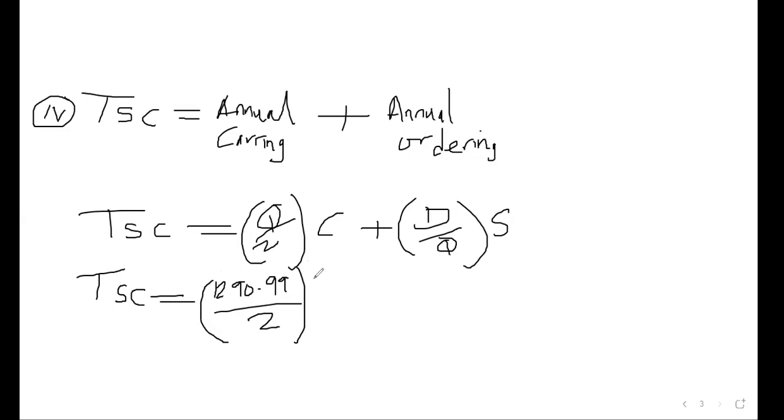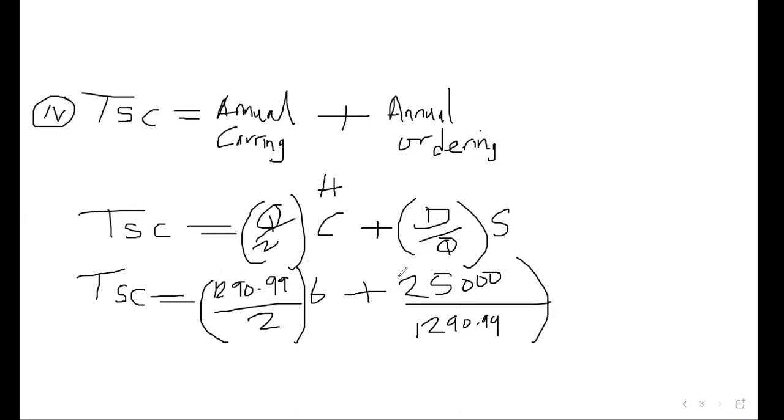Then by our C, which is 6, the carrying cost or holding cost. This is the C or H. Plus the annual demand, which is 25,000, then you divide by Q, which is 1,290.99, then by S, our S is 200.